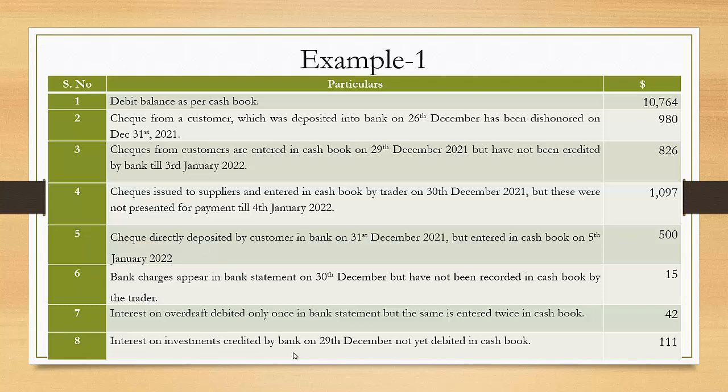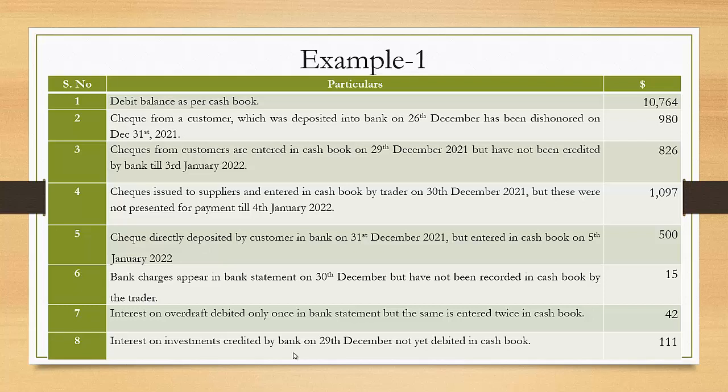Serial number 4, checks issued to suppliers and entered in the cash book by the trader on 30th of December 2021, but these were not presented for payment till 4th of January 2022. As I have discussed earlier, sometimes companies, when they issue their checks, outrightly deduct those checks from their cash book.